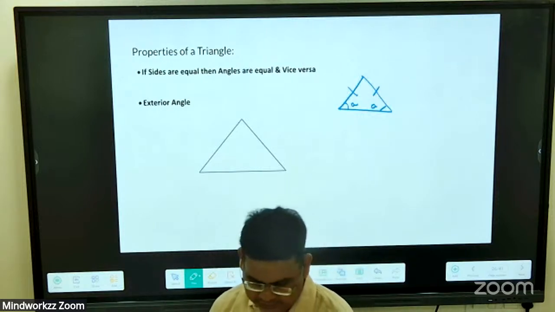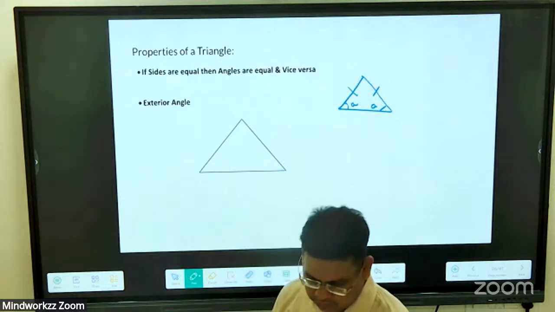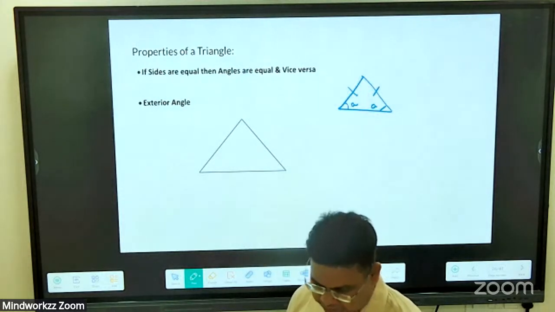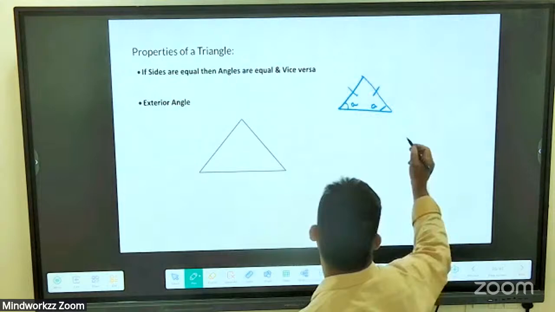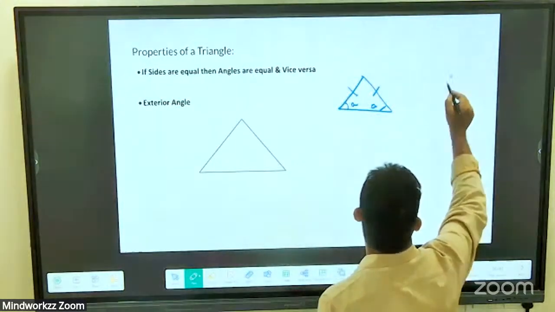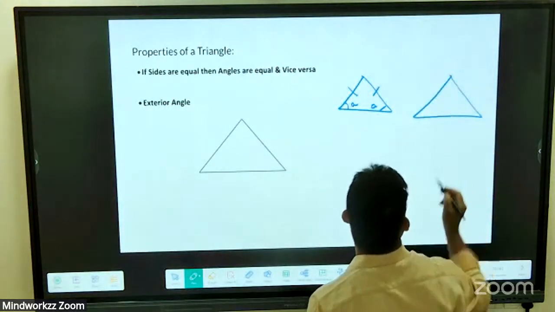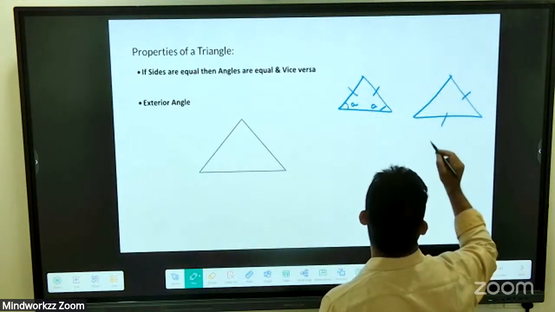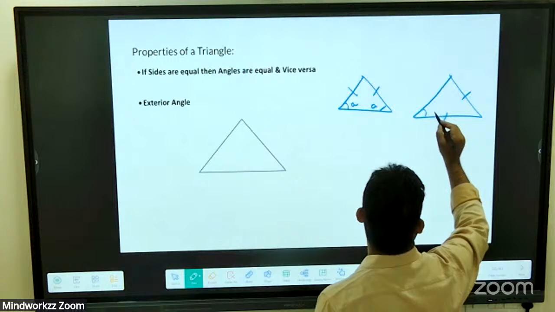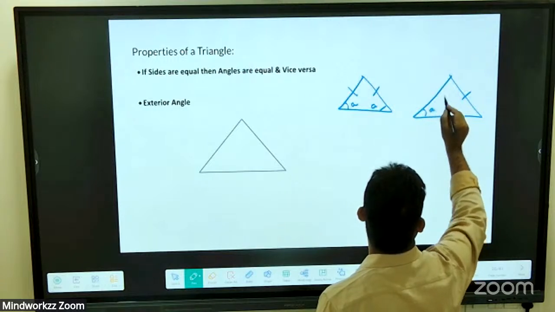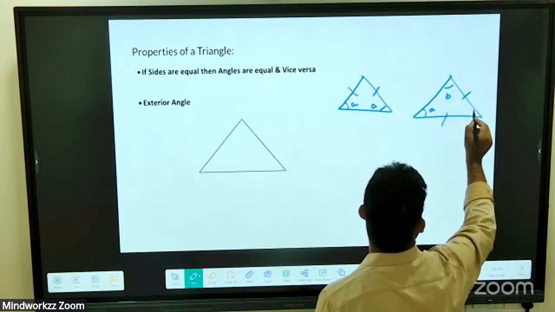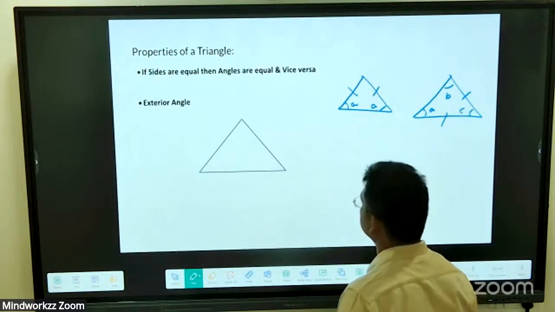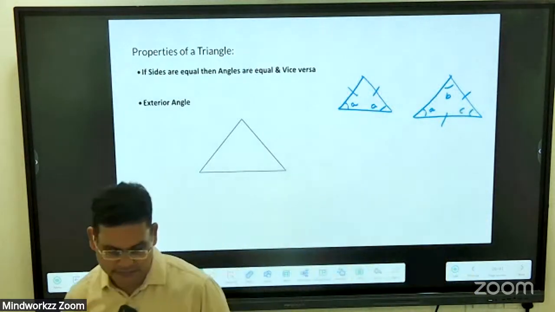Vinny, good evening. What does it mean? In this triangle, if these two sides are equal and the angles are A, B and C, can you tell me which two angles will be equal?